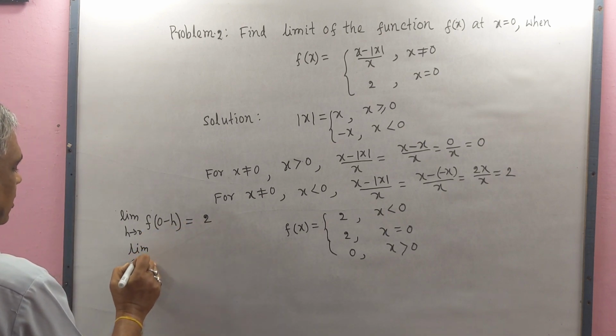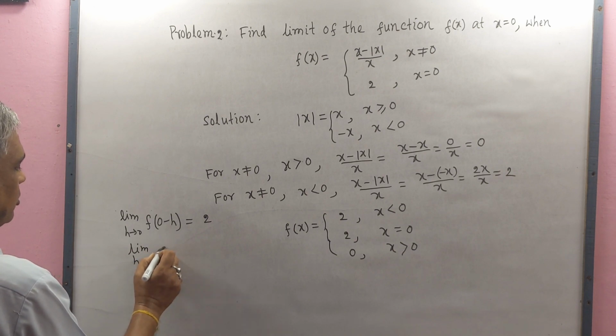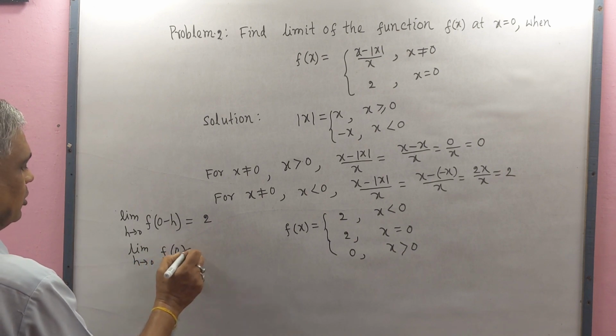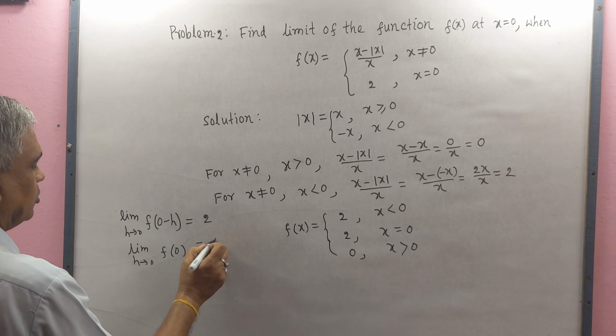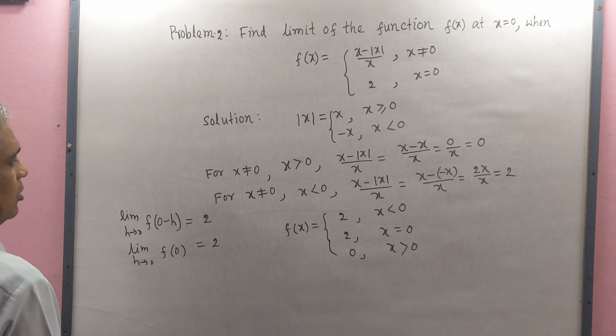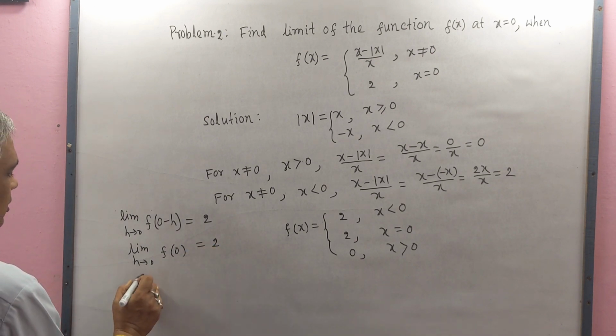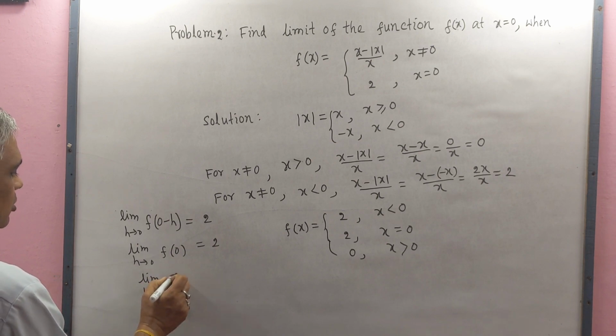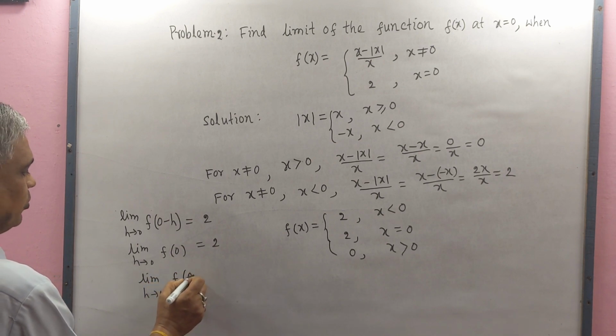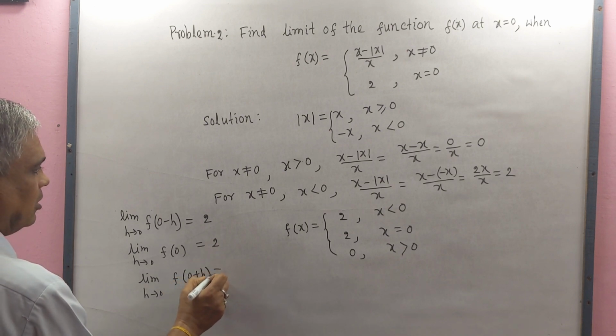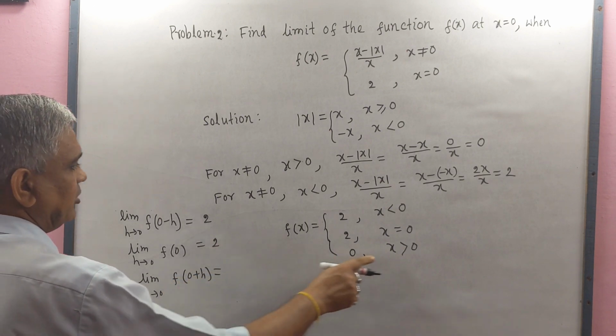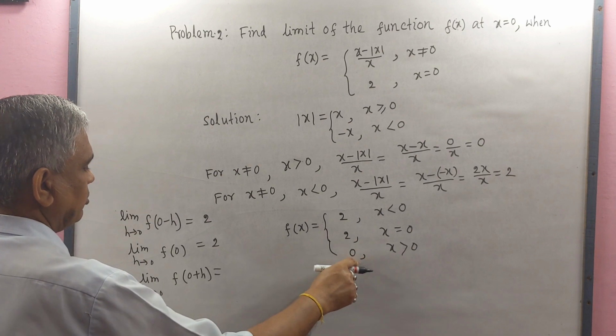Limit h tends to 0 of f(0), this is also 2, and limit h tends to 0 of f(0 plus h), that is greater than 0, equal to 0.